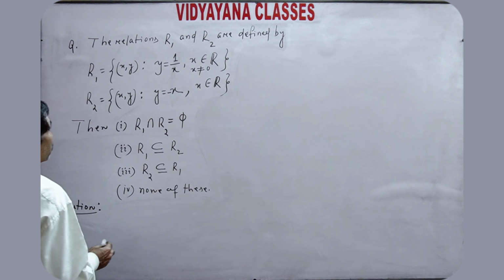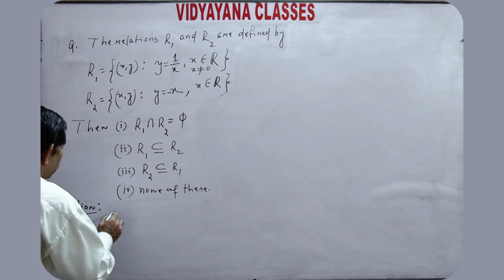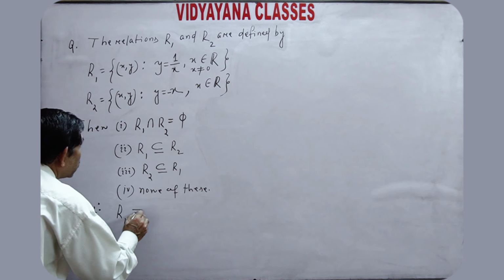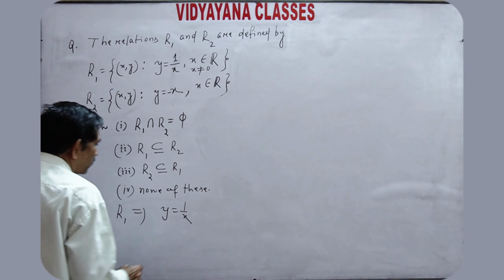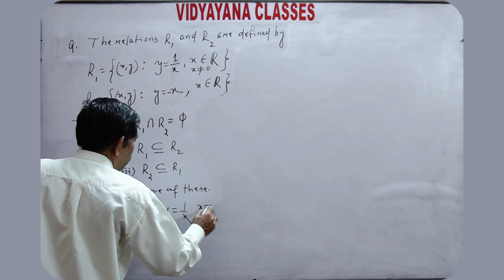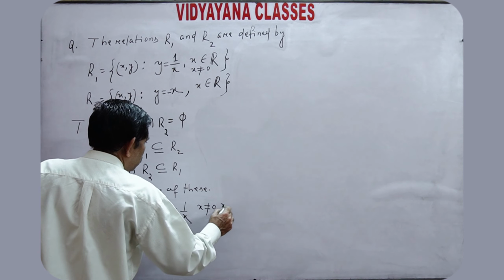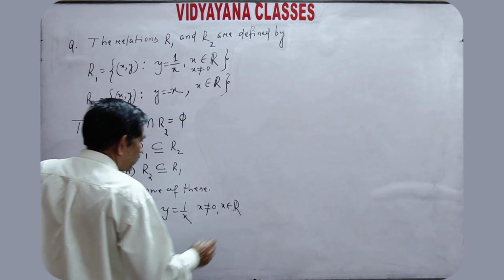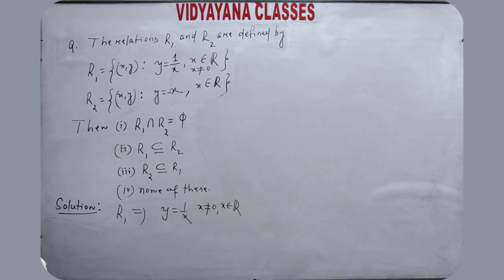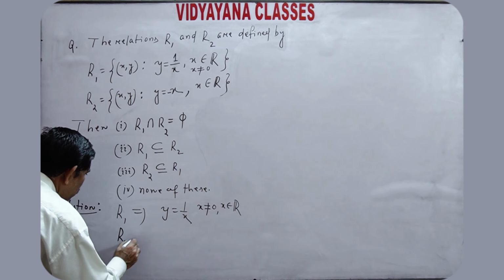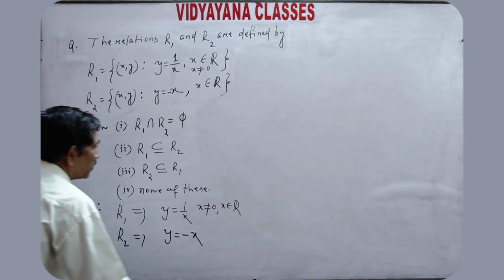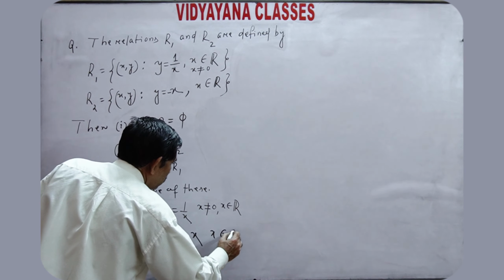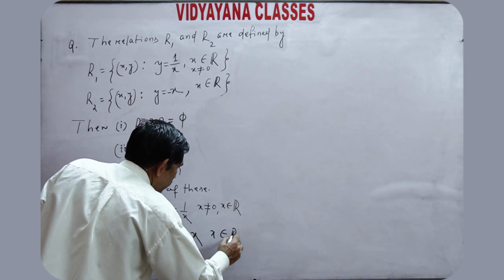Given R1 implies y is equal to 1 by x, x not equal to 0, x belongs to real set. R2 implies y is equal to minus x, x belongs to real set.